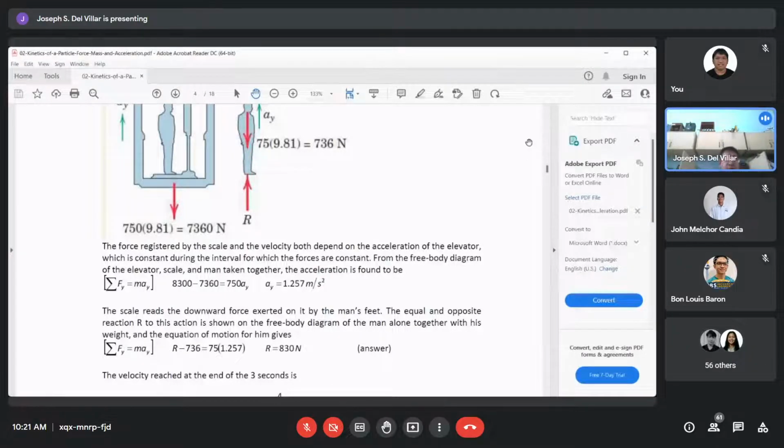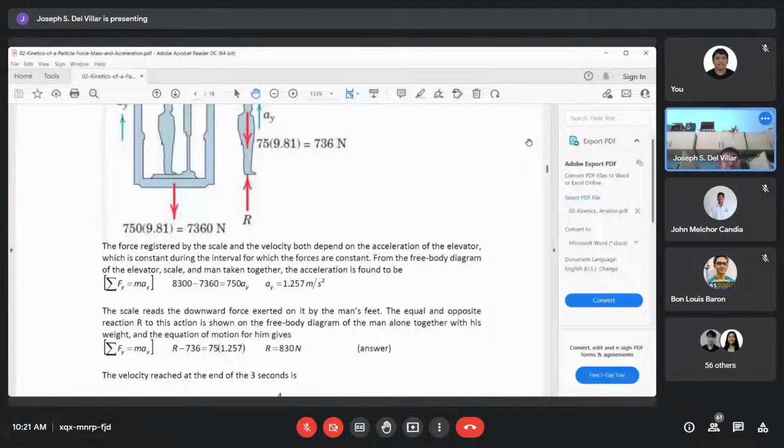Okay? So the equation of motion for him, no? Summation of Fy is equal to may. So that is R minus 736, okay? Is equal to, okay, M times Ay. Okay? So that the reading is 830 newtons.